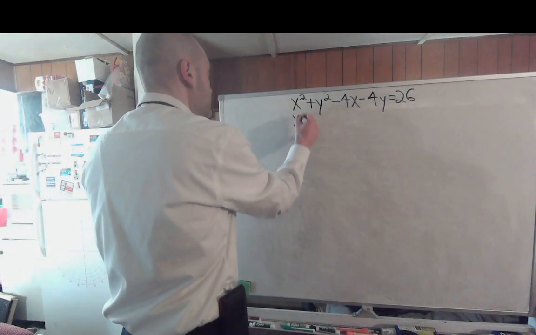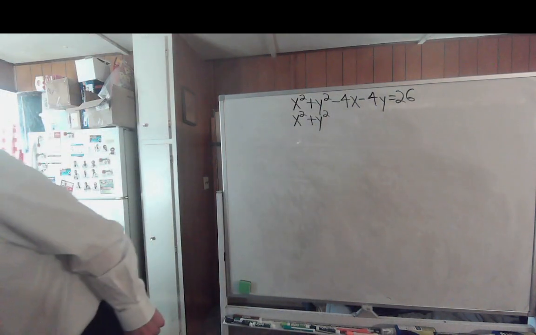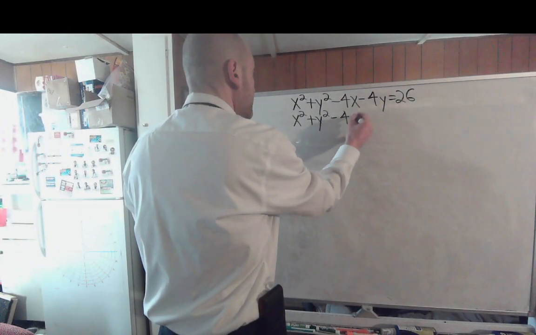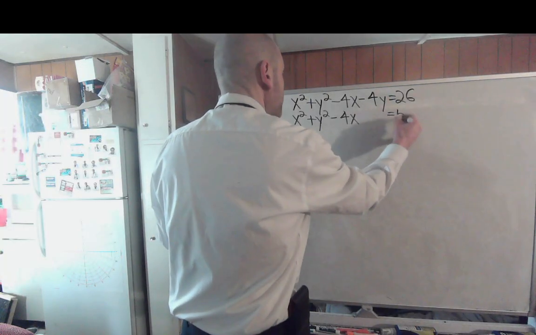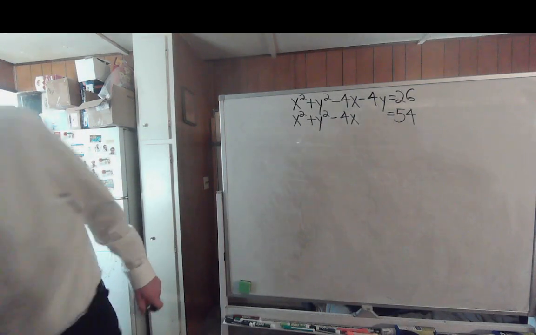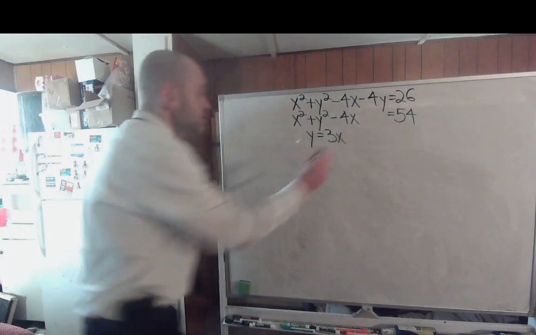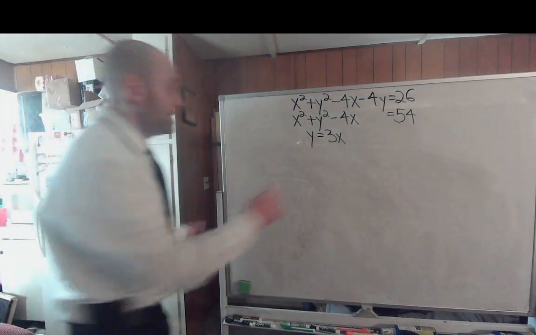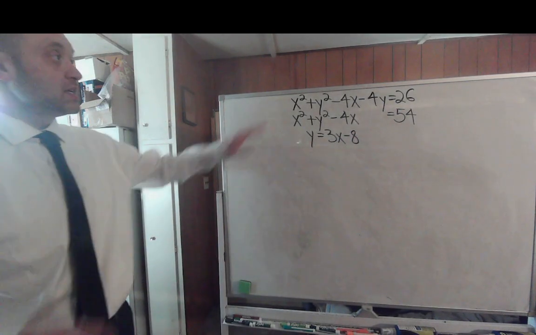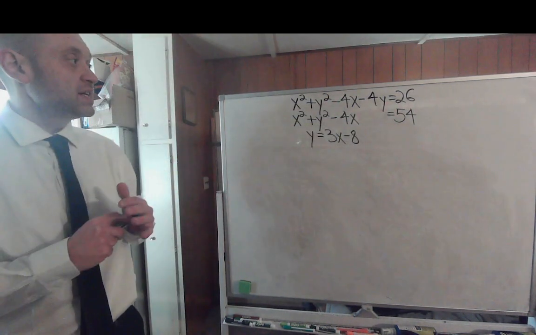Then we have x squared plus y squared minus 4x equals 54. And then we've been given y equals 3x minus 8. Alright, so we have x squared plus y squared minus 4x minus 4y equals 26.